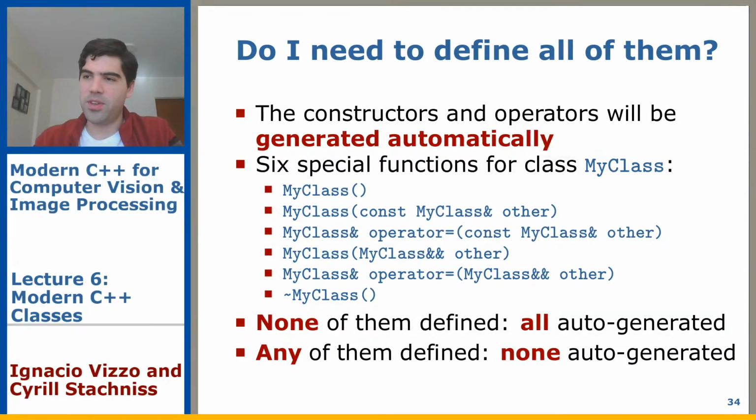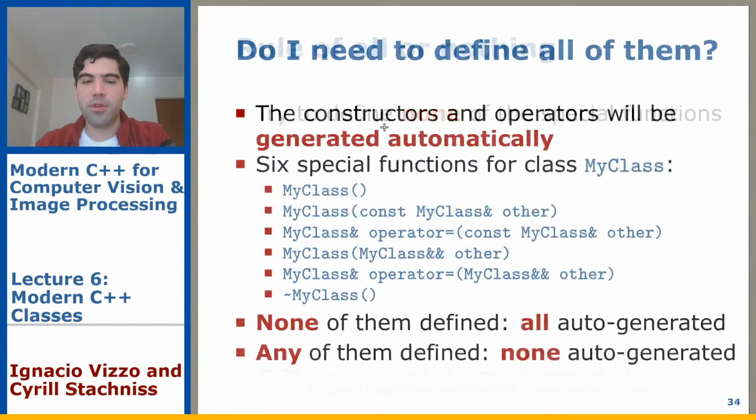So this is the rule of all or nothing. If none of them are defined, the compiler will do it for you. So this is, for example, what you should be using for homework number 4. So don't define any of these 6 special functions. But if you, for some reason, define any of these 6 special functions, then none are auto-generated.